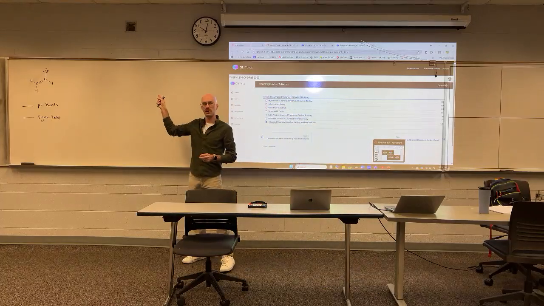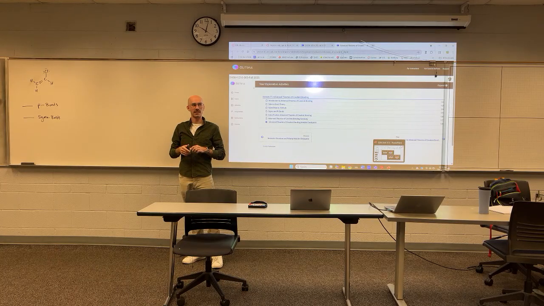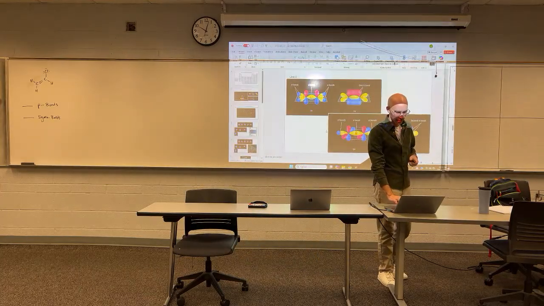I don't know if anybody could name this molecule. It's not a learning objective in this class to be able to name that, but it's a very common precursor to materials that all of you have come into contact with at some point.